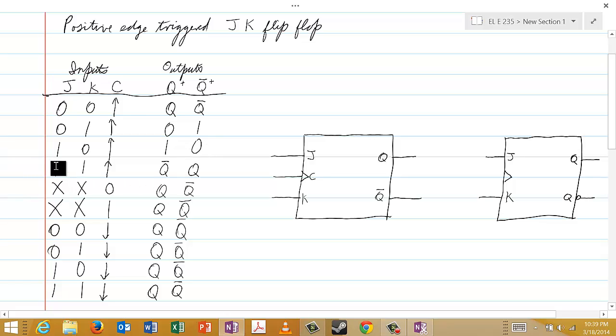And if J and K are both equal to 1 when there's a positive edge, then this is like the toggle condition in the T flip-flop. It'll just toggle our output. So the next value of Q will be the present value of Q complement, and the next value of Q complement will be the present value of Q. And that's it. That summarizes how the positive edge triggered JK flip-flop works.